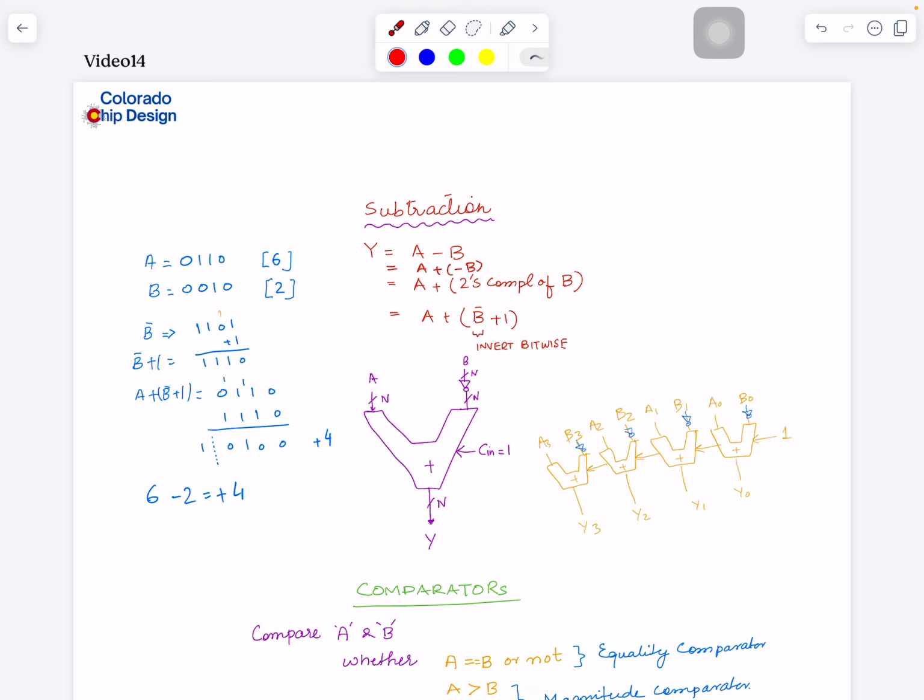Or in other words, if we have a generic adder, what we can do is put a multiplexer there. We studied the multiplexer, and now we are using those circuits, with 1 and Cn as inputs.